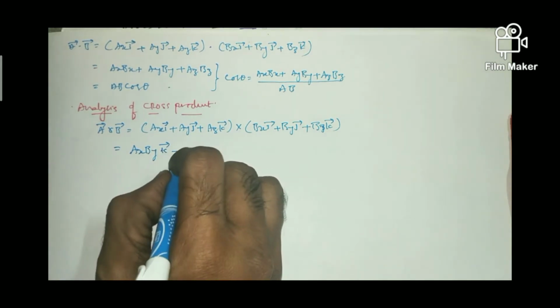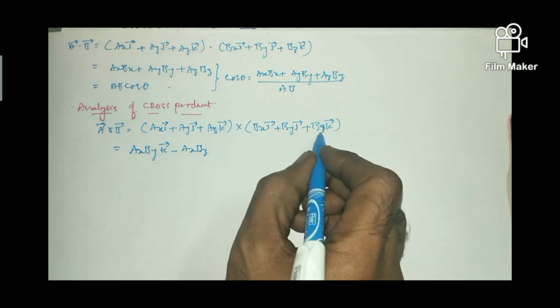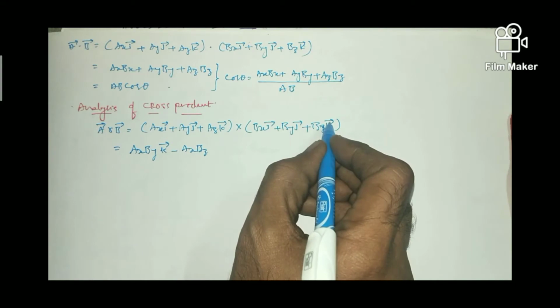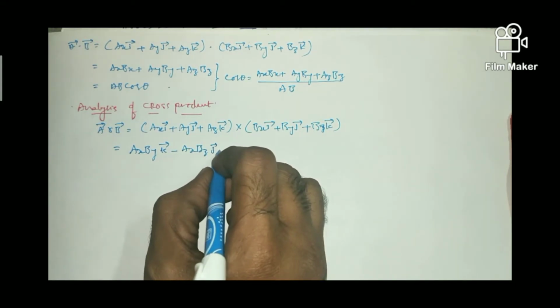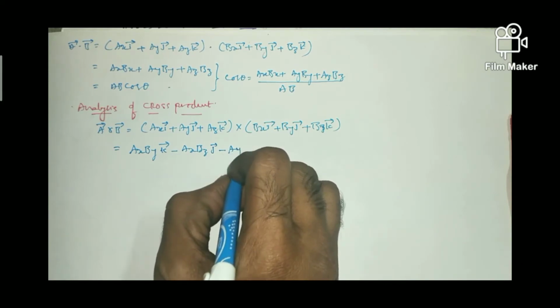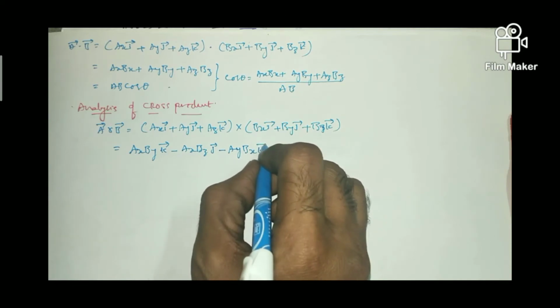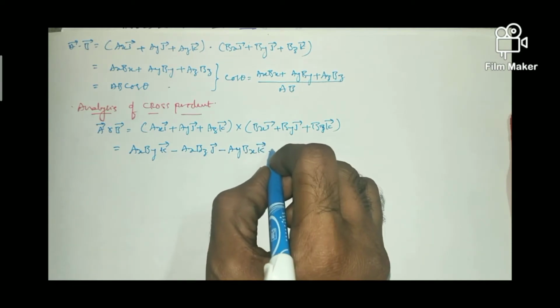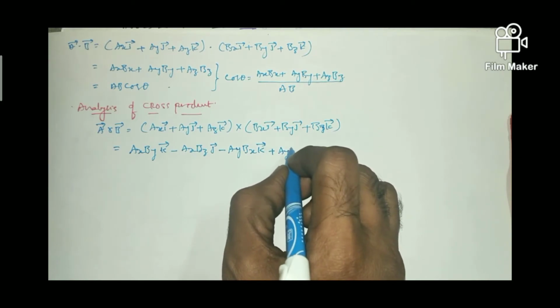So here, if you consider the first product ax i bar, we get ax by k bar minus ax bz j bar. Then ay bx gives minus ay bx k bar, plus ay bz i bar.